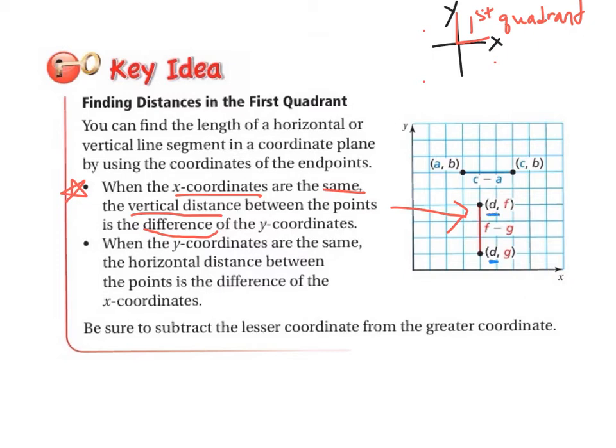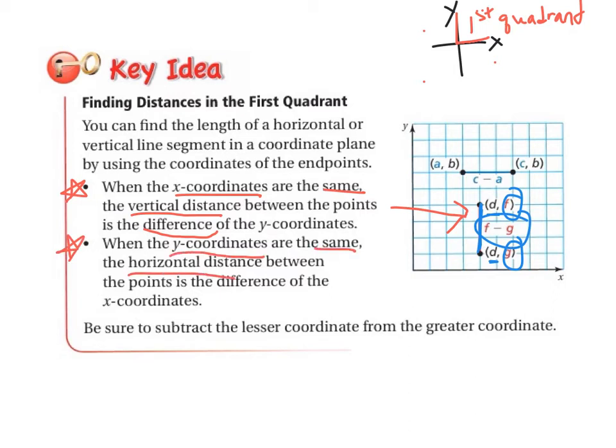You've got D and D. They didn't even give us numbers here. But then they said if your y here is F and your y here is G, that if you subtract F minus G, you can find this distance right here. And again, don't panic, we're going to get lots of examples, but you are going to want to write this key idea down.